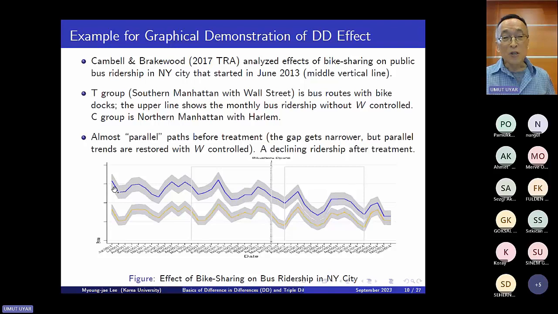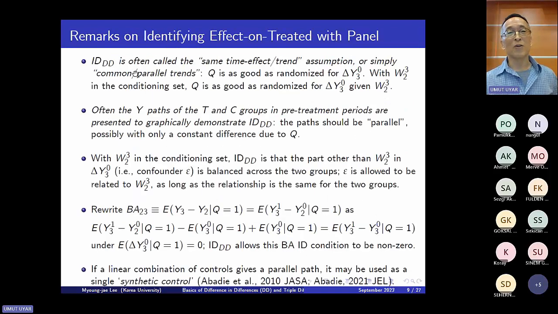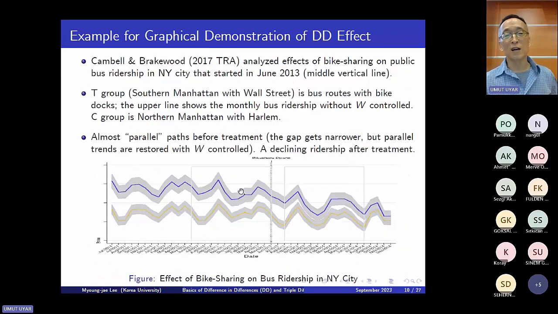The upper line shows bus ridership change over the months before the treatment timing. And the lower line shows the same for the control group. Although I use the term parallel trends here, it does not mean these two lines are straight. It just means that two lines can move up and down. The requirement is that the vertical difference should stay the same.